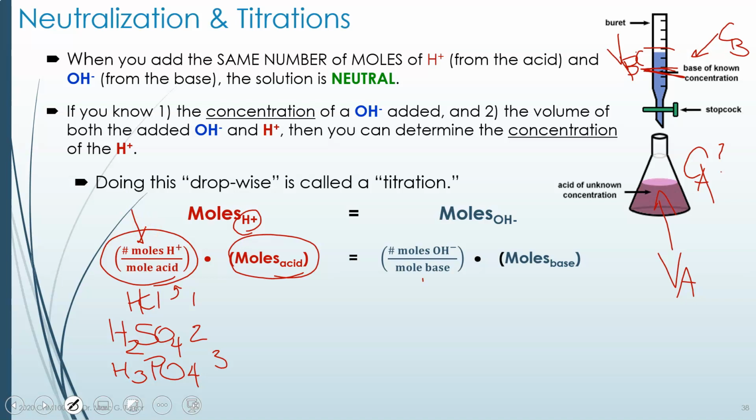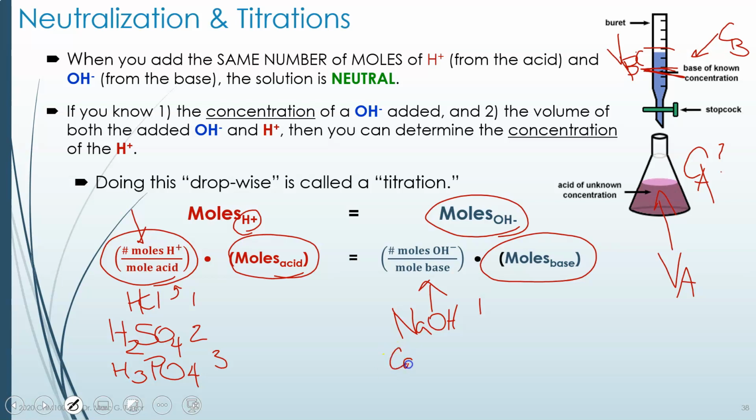And the base has the same sort of function in the formula. To figure out the number of moles of hydroxide you have, you take the number of moles of your whole base, and then you have to multiply it by how many hydroxides are actually on it. So if it's sodium hydroxide or potassium hydroxide, there's only 1 hydroxide per formula unit.